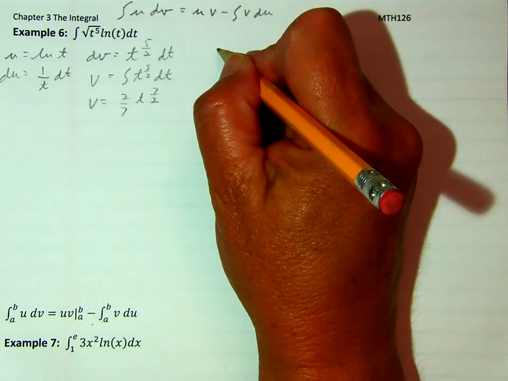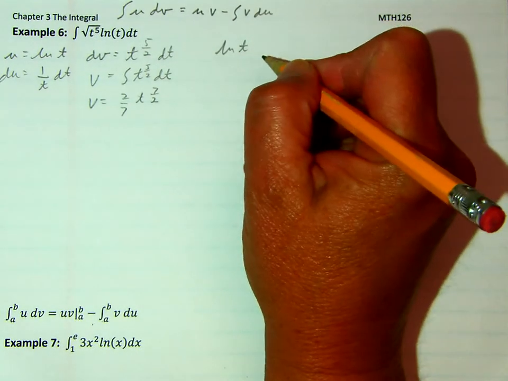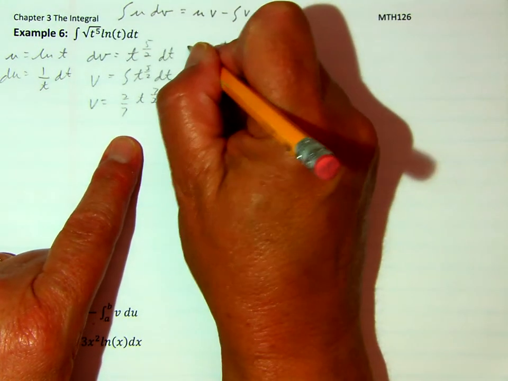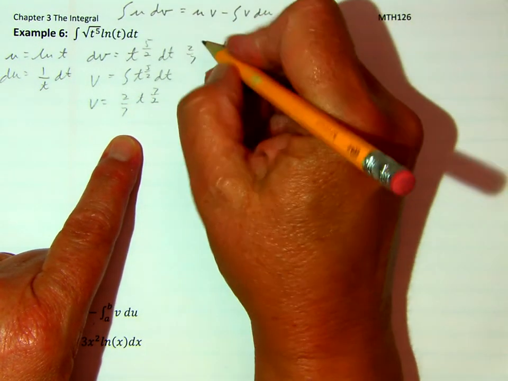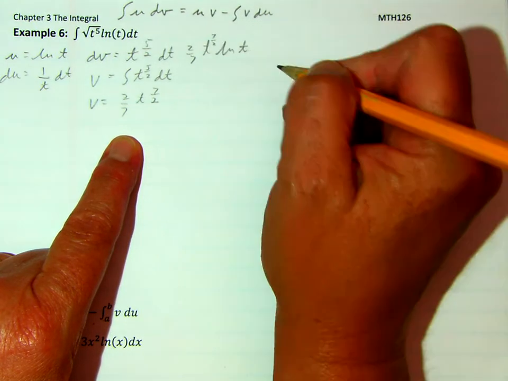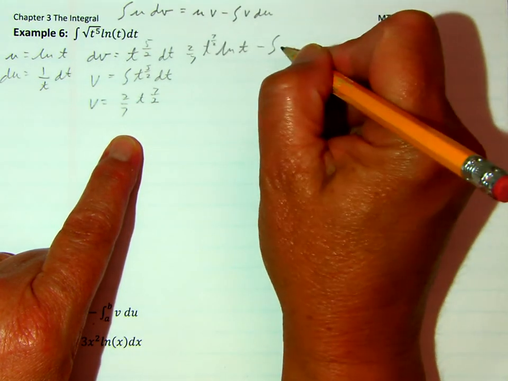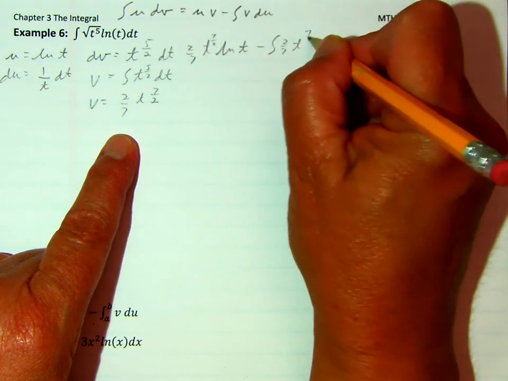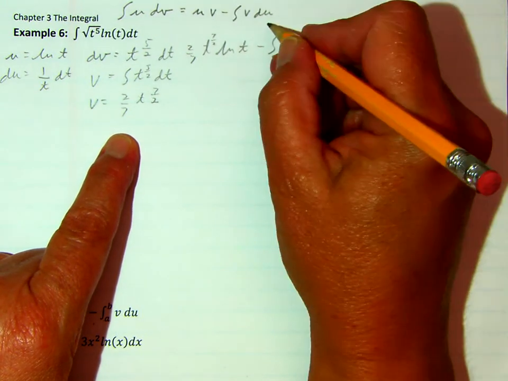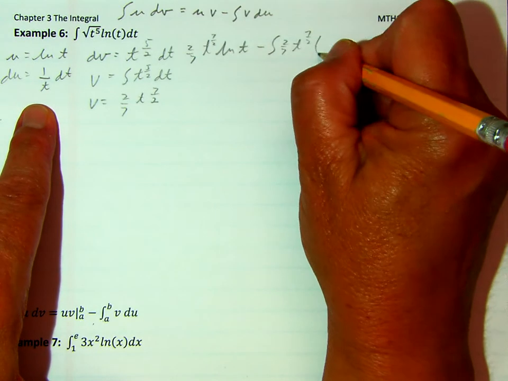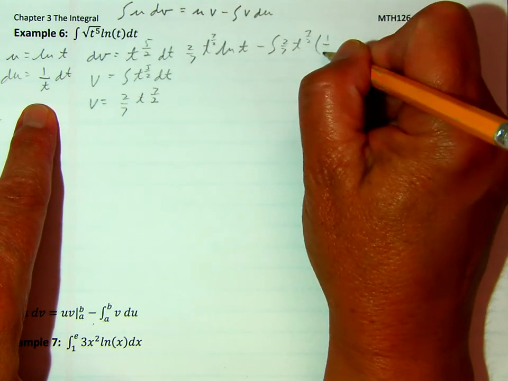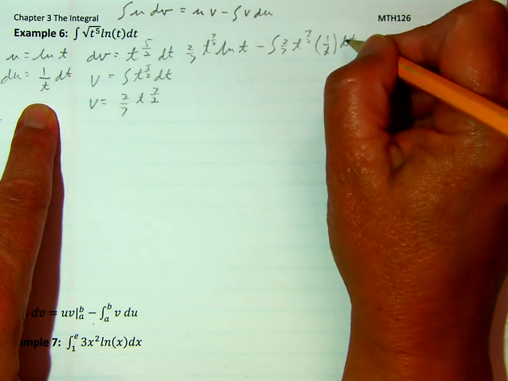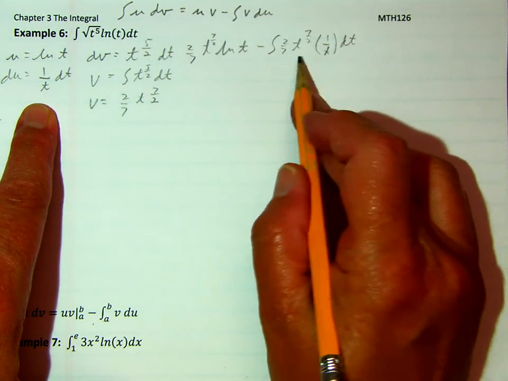So I've got u ln t, v, I'm going to go ahead and put this out front, 2/7 t to the 7 halves minus the integral of v, 2/7 t to the 7 halves, du. Du is 1 over t dt. But we can put these parts together.